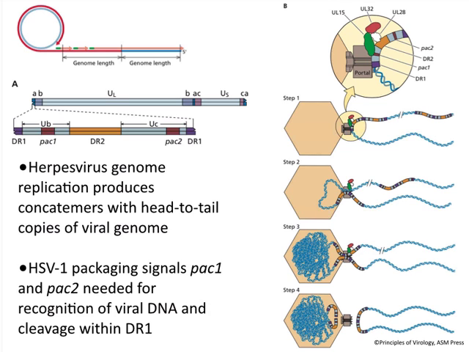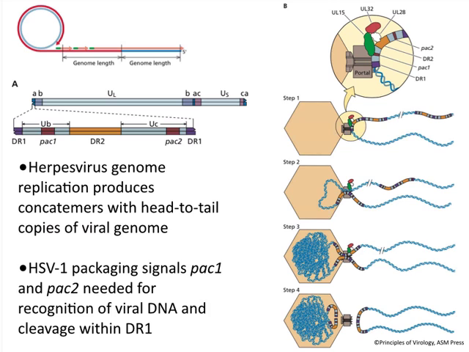So here is a brand new virus particle. It's empty. It's got a portal on it. The portal, together with some other viral proteins, which are cut off at the top here, but all of that recognizes the packaging signal, PAC1 in particular, on the DNA. And then the DNA starts to get pumped into the capsid. There's probably a motor associated with this portal that basically pulls the DNA in.